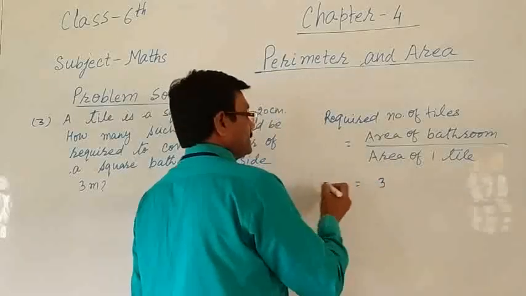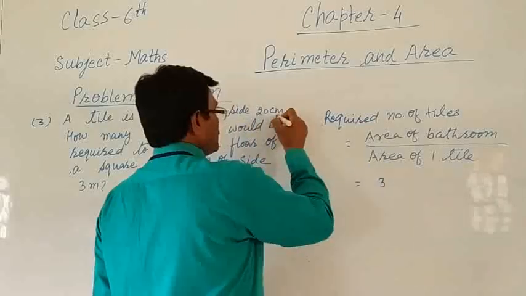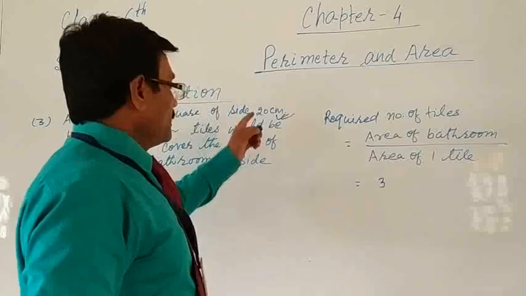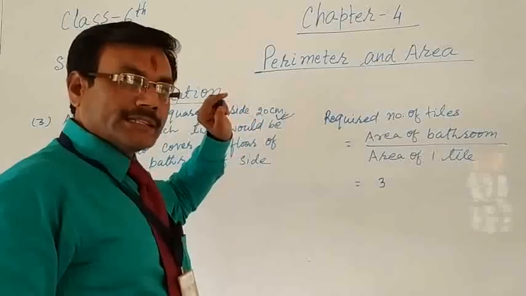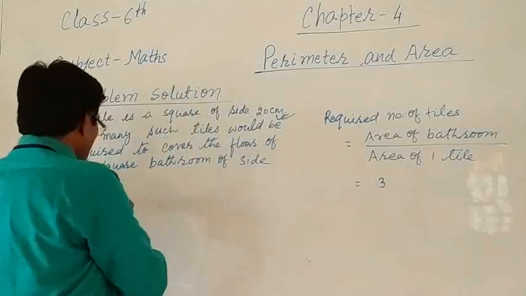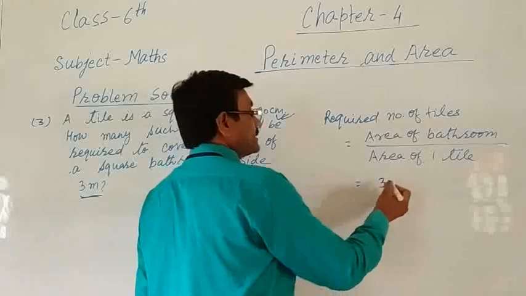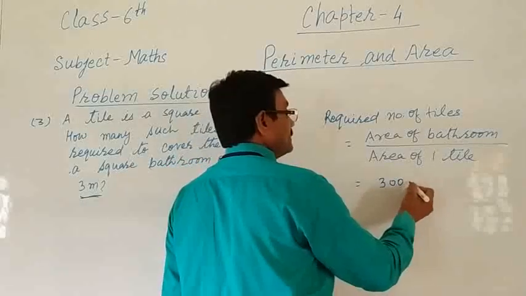So 3 meter will be converted into centimeter as our tiles measurement is in centimeter. So the bathroom's floor also should be in centimeter. So 3 meter means 300 centimeter.